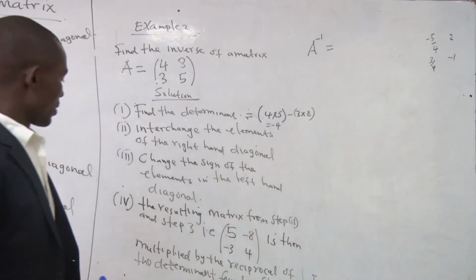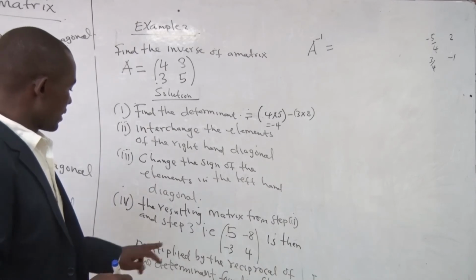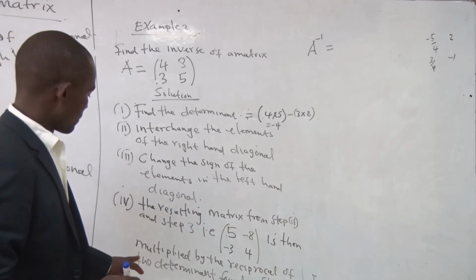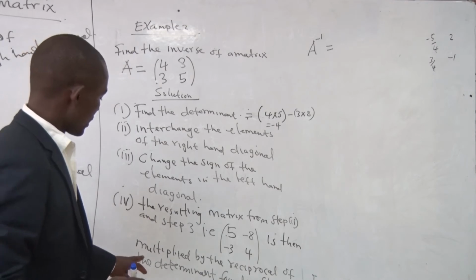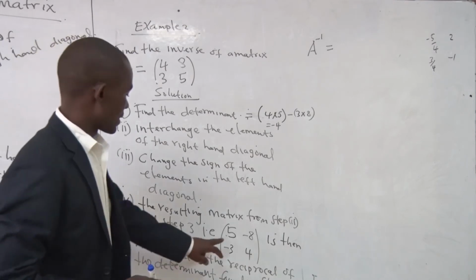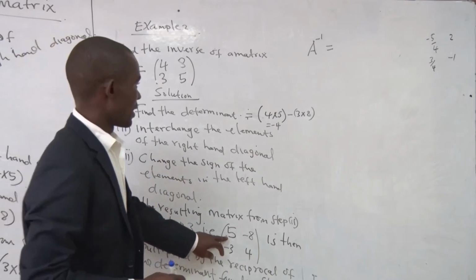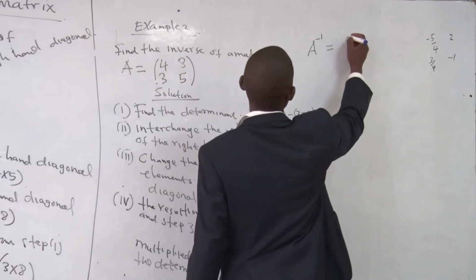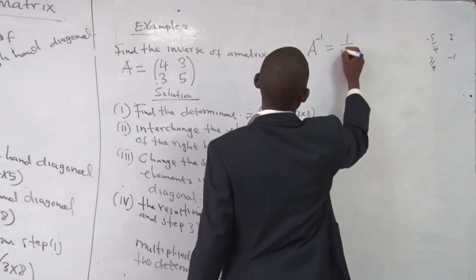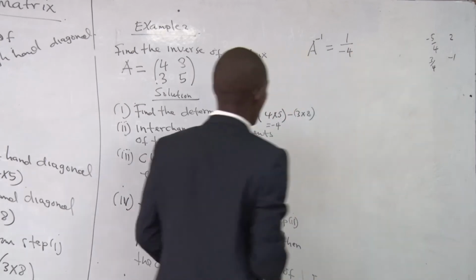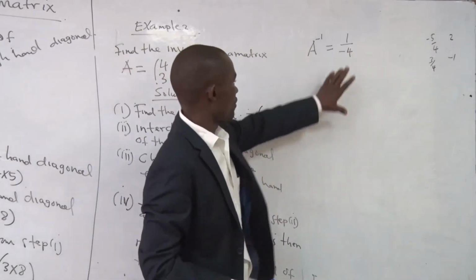Taking the reciprocal means taking 1 over it, so we have 1 over -4.